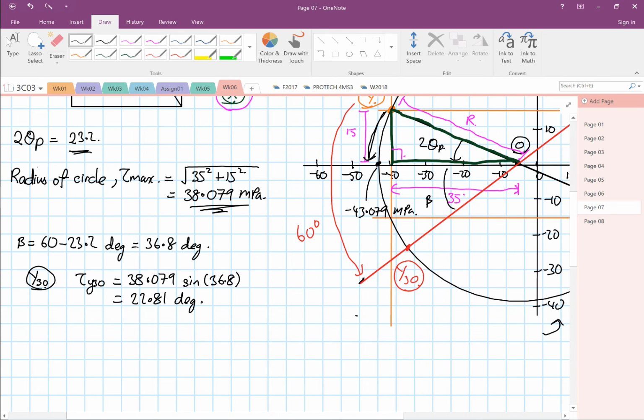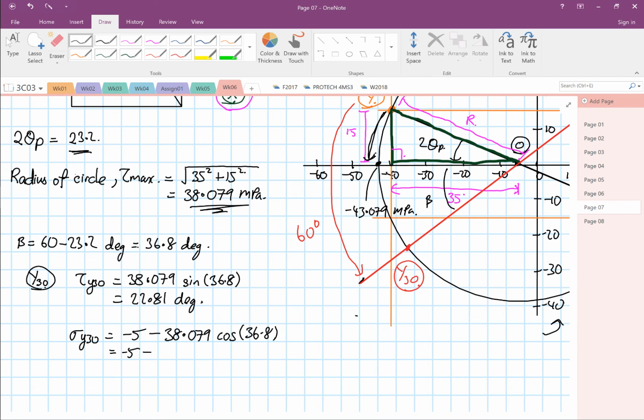Right. Then your normal stress Y30 is equal to minus 5. It's going towards the left hand side, minus 38.079 cos 36.8. Okay, so this will be equal to minus 5 minus 38.079 times cos 36.8.